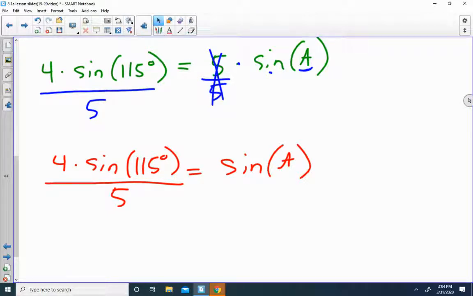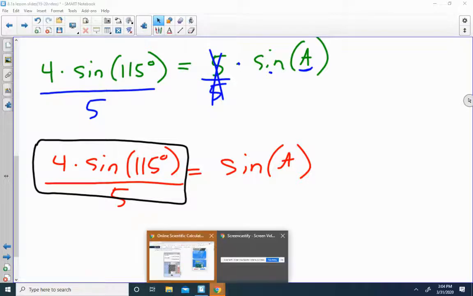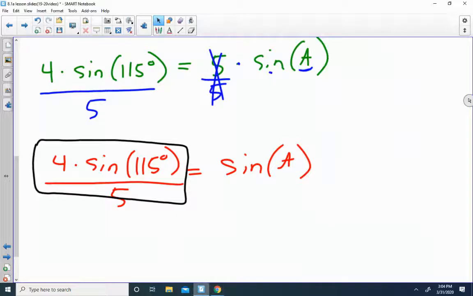Now let's go ahead and figure out what this part is. Let's find out what 4 sine 115 divided by 5 is. So let's go to the calculator. So 4 times sine of 115, close parentheses, and all that divided by 5. And that's going to give us 0.7250462296293. Whew, that is a decimal. And the sad thing is we can't round that.